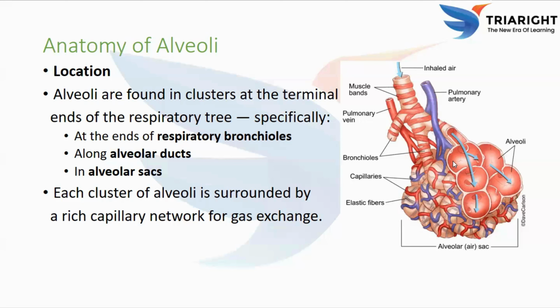Okay, you got my point? About how much? About 70 square meters, which is almost the size of a tennis court. You know the size of a tennis court, right? Yes. A group of alveoli resembles the size of a tennis court. So this large area ensures efficient gas exchange, where more oxygen can enter the blood and carbon dioxide can leave the blood.